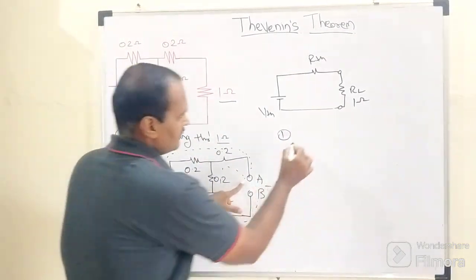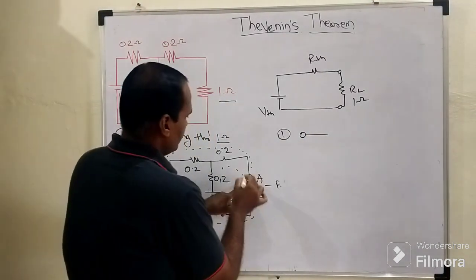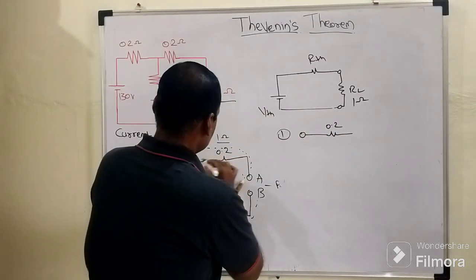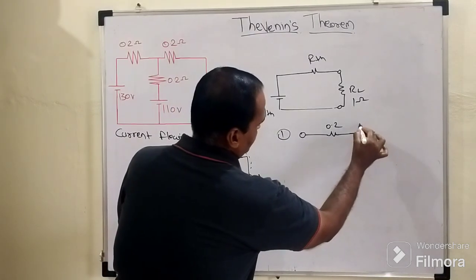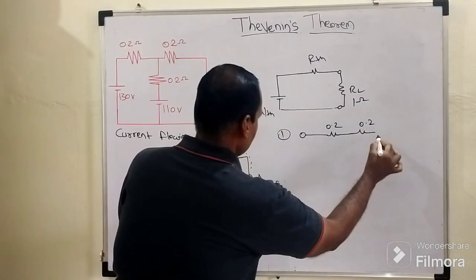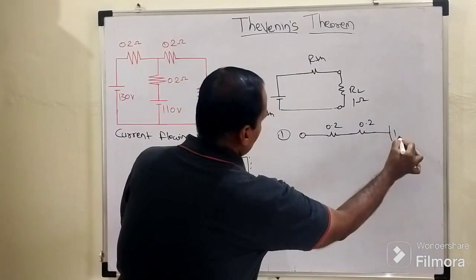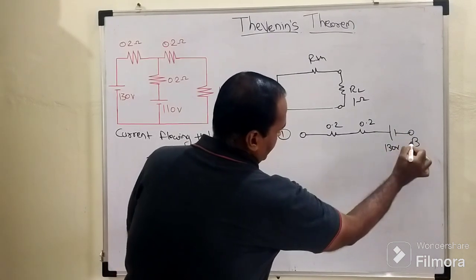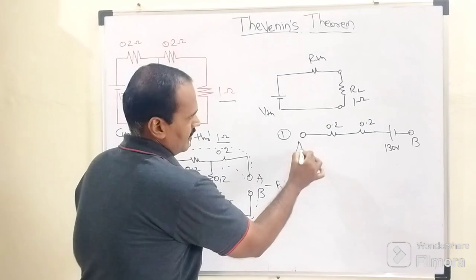When we start our journey at A, we head through this 0.2 ohm resistor, then another resistor of 0.2 ohm, then the voltage source of 130 volt, and we come across to B.